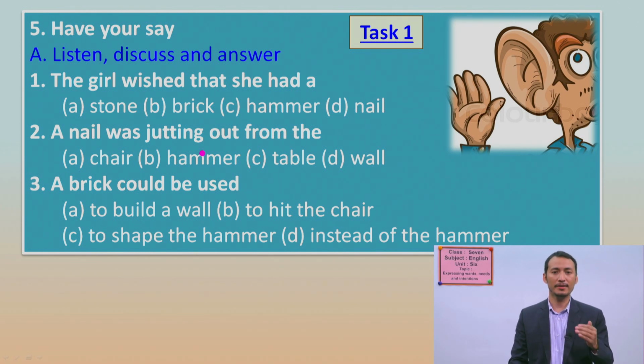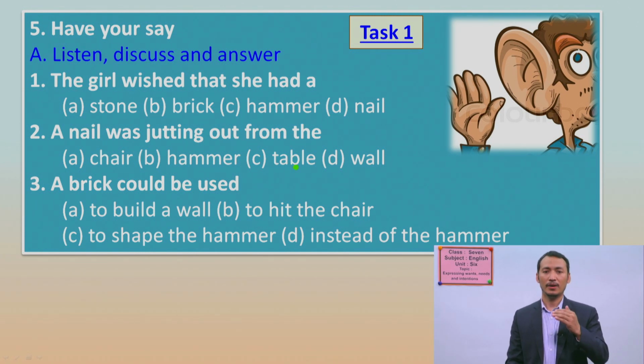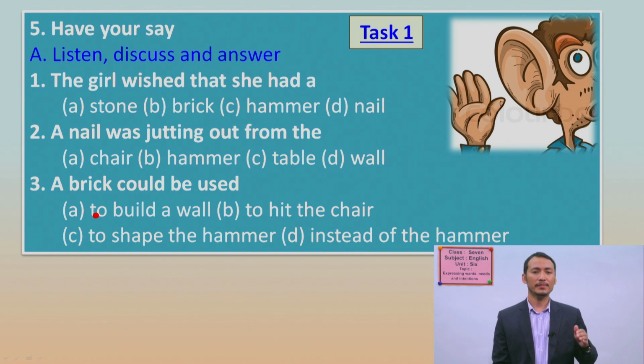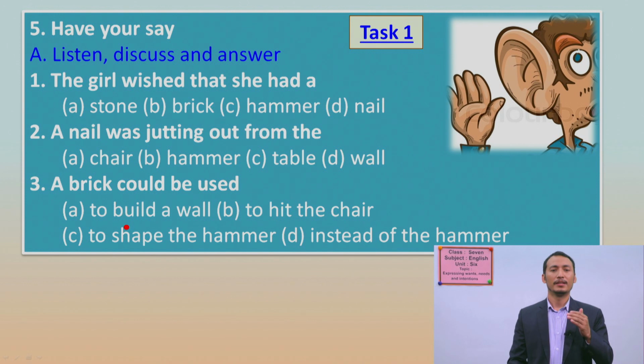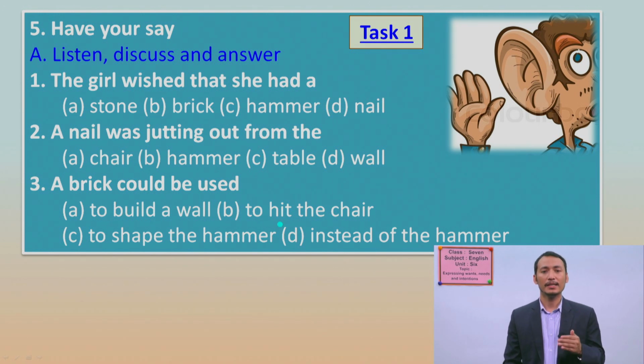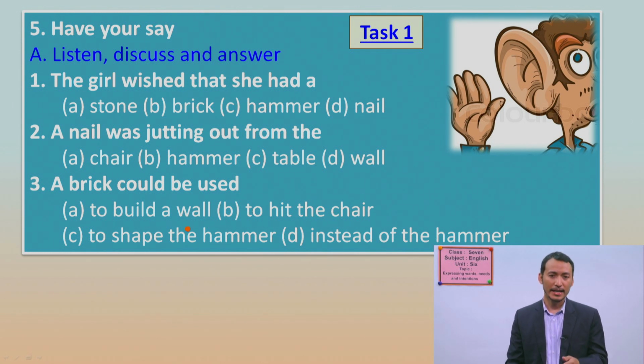Is it a chair? Is it a hammer? Or table? Or wall? Now another question is, a brick could be used to build a wall, to hit the chair, to shape the hammer, or instead of the hammer. Okay, so you have to decide where the brick could be used.